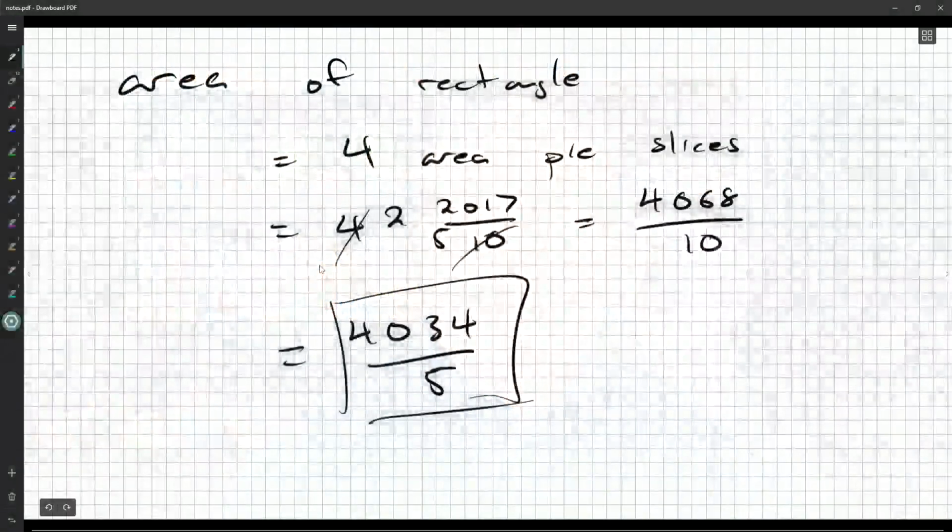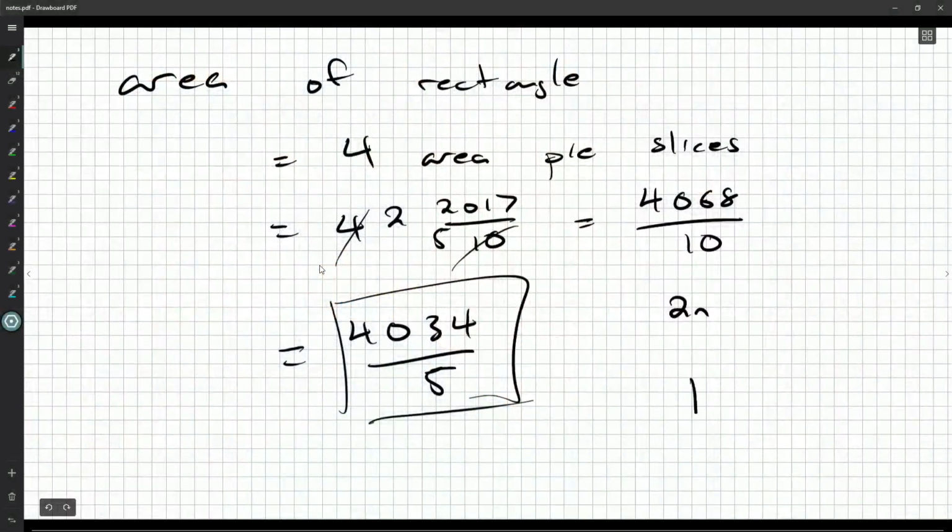Okay? It's kind of interesting that band goes across, and we didn't really use the 10 at all. We just used it for the dividing pie slices. So it'd be kind of interesting if we generalize the question and talk about a regular 2n-gon. You'll always have opposite sides if there's an even number of sides.